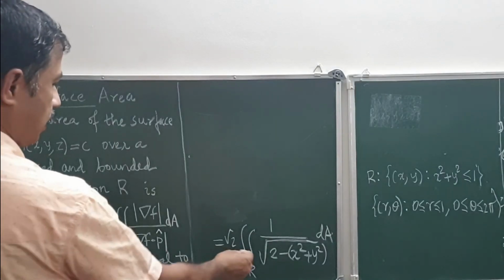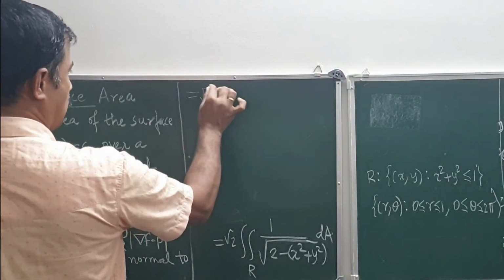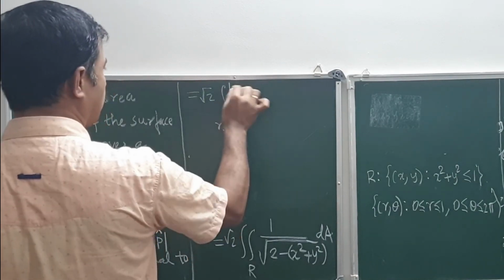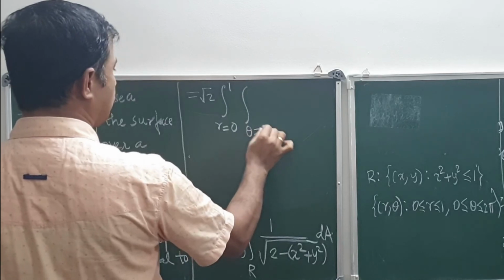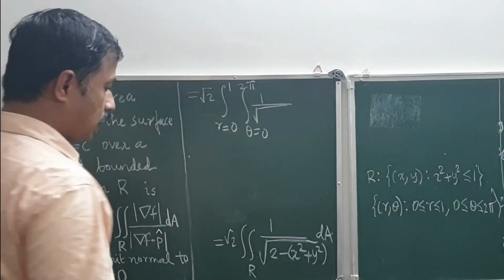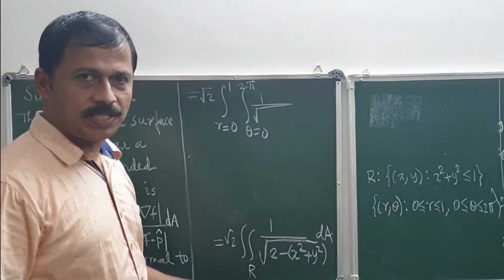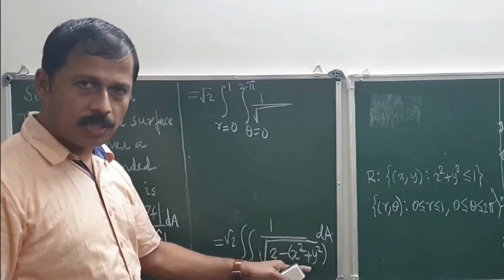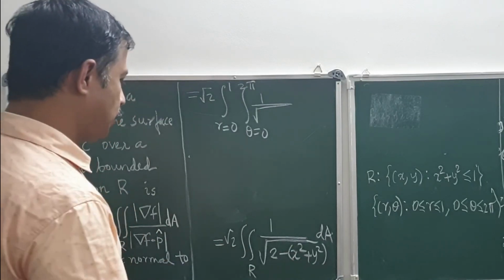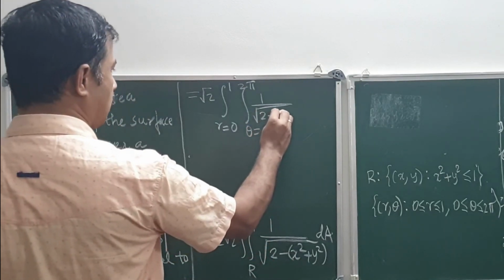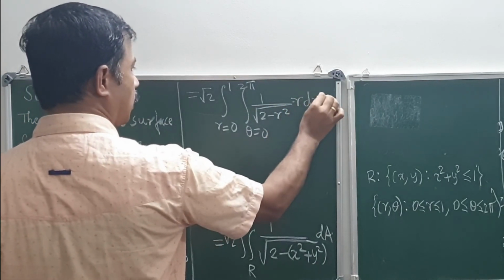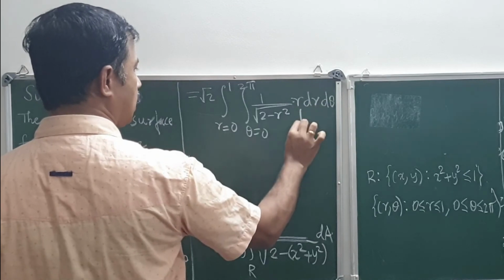So this will be equal to root 2 into integral from r equal to 0 to 1, theta from 0 to 2 pi, 1 by square root of 2 minus r square, r dr d theta. See, in polar coordinates, x is equal to r cos theta, y is equal to r sin theta. So x square plus y square will be r square. Don't forget this r.